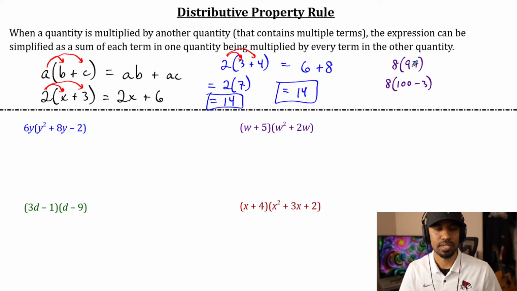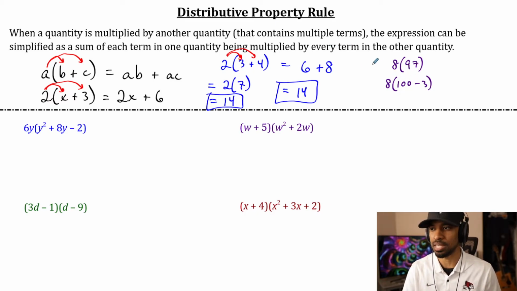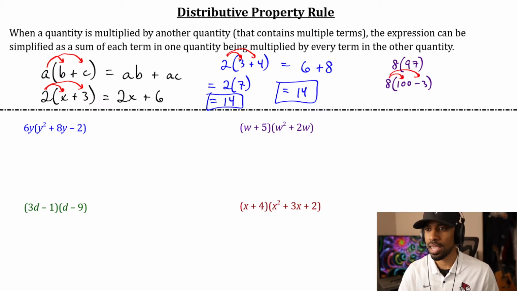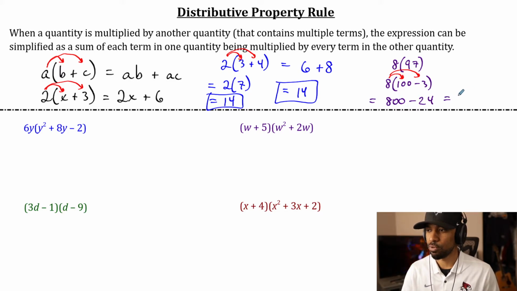See, 100 minus 3 is 97, but I rewrote it with numbers that I can multiply by 8 really easily. So check out this distribution, see if this kind of makes sense here. I can do 8 times 100, which we know is 800, minus 8 times 3, which is 24. 800 minus 24 is 776, I think. And that ends up being my answer there.